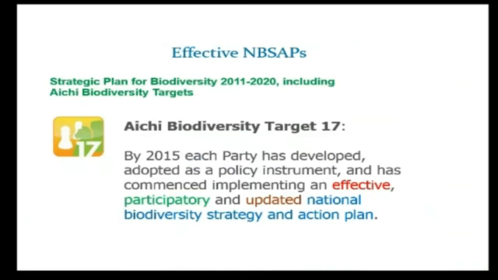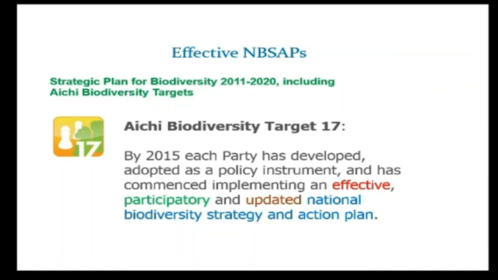So what we're about overall as a community is having effective national biodiversity strategies and action plans. And the context for this, of course, is the Strategic Plan for Biodiversity 2011-2020, including its 20 biodiversity targets, which we're all very familiar with now. And target number 17 is about NBSAPs.